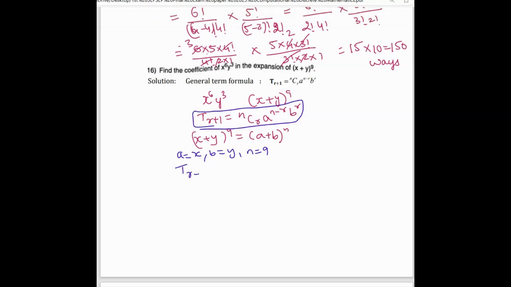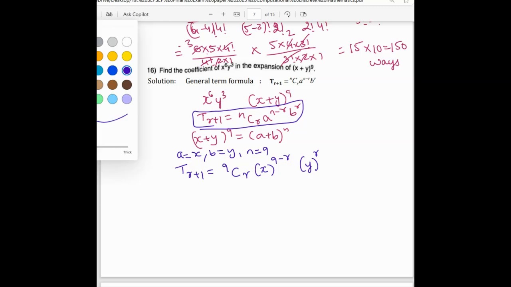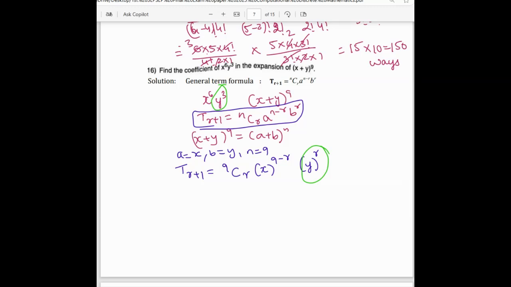Substitute in this formula, we get T r plus 1 will be, n is 9, 9Cr, a is x, x to the power of 9 minus r, b is y, y to the power of r. Now, what we need to do is compare the powers of y to the power r and the question's y cube. That is, y^r is equal to y cube, means r is nothing but 3.